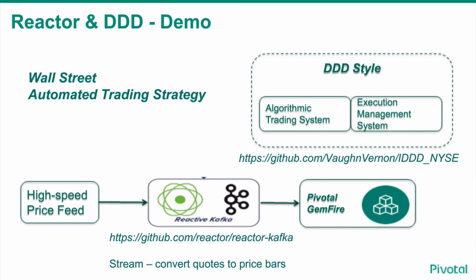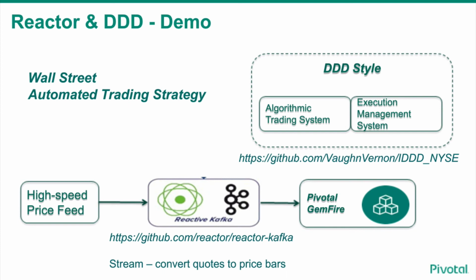Those are bounded contexts, by the way. And Vaughn took this code and translated it to a domain-driven design style. That's the link right there in case you'd like to download that.